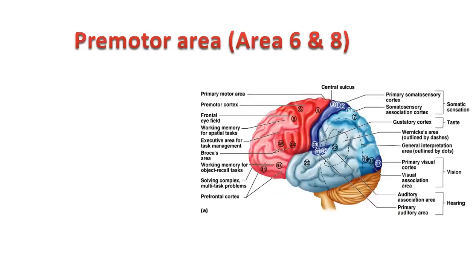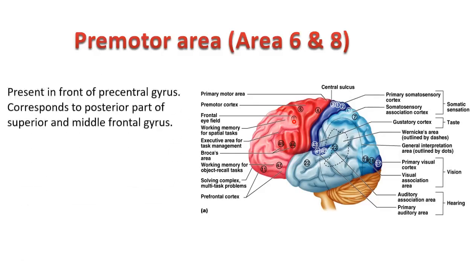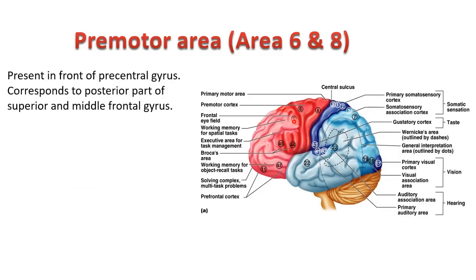Next to the motor area, coming to the premotor area, which is called area number 6 and 8. Areas 6 and 8 are mainly seen in the precentral gyrus and correspond to the posterior part of mainly the superior and middle frontal gyrus. So 6 and then 8. Area 6 mainly integrates the voluntary movements.